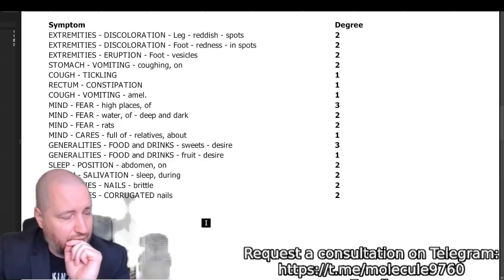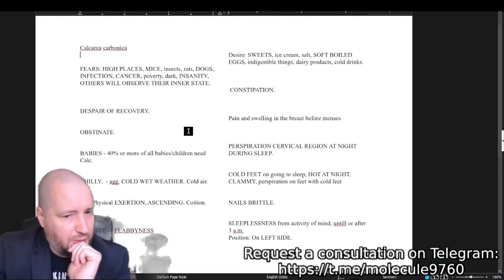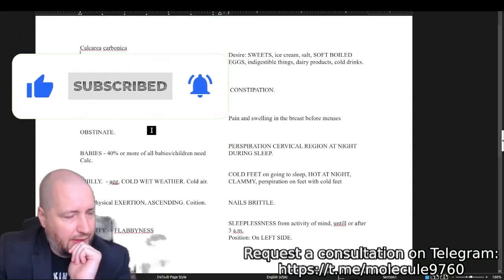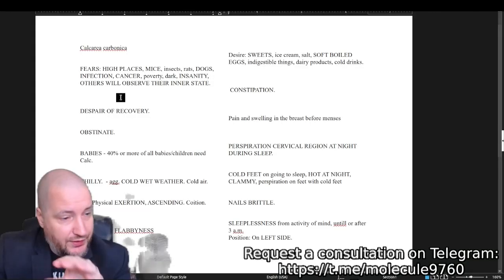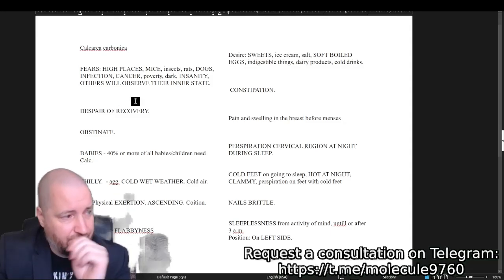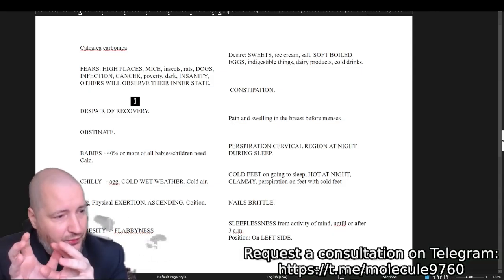Okay? So what was the remedy that manifested in every sphere? It was Calcarea carbonica. And this is a summary of Calcarea carbonica. This is the gist of it, a condensed version, but condensed versions of remedy descriptions are very good when you are analyzing a patient and looking for the totality.